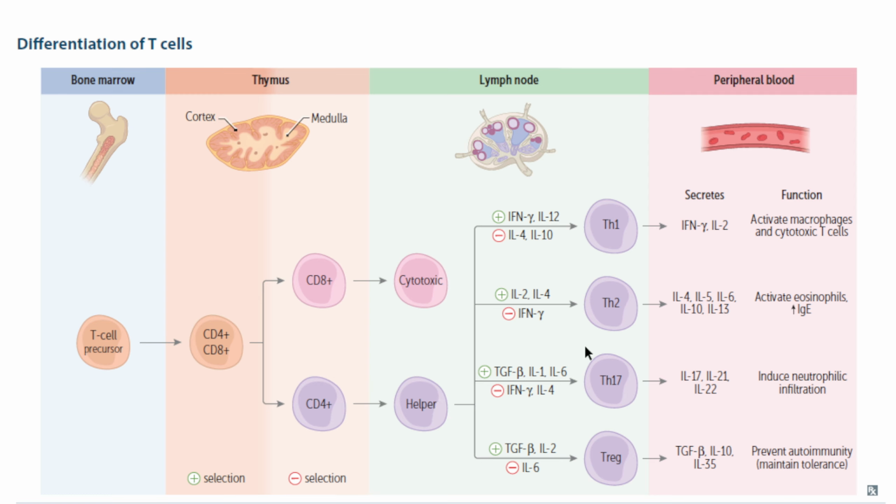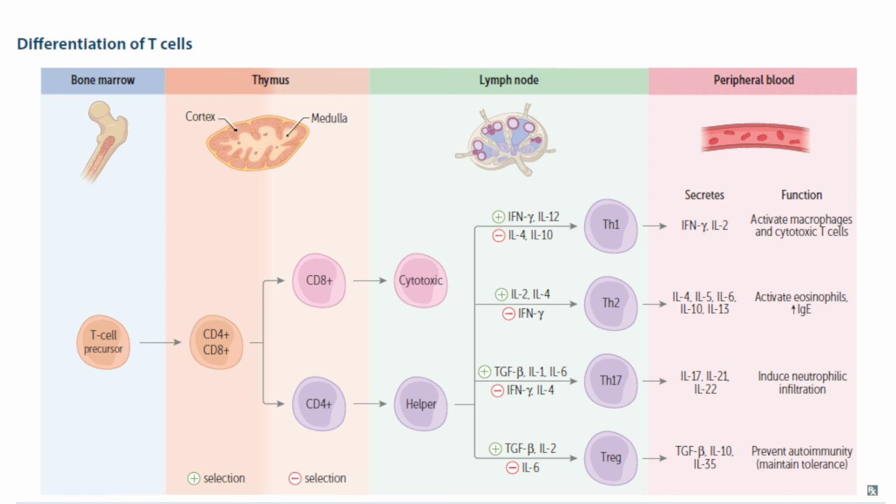This is very high yield because I've seen questions about which one stimulates and which other controls the secretion of each one. So it's important to know which one stimulates and which other one blocks.